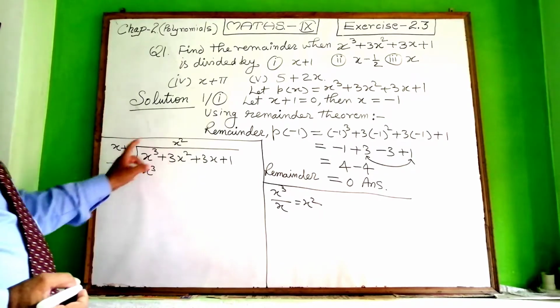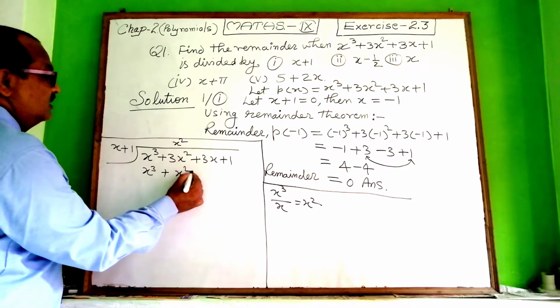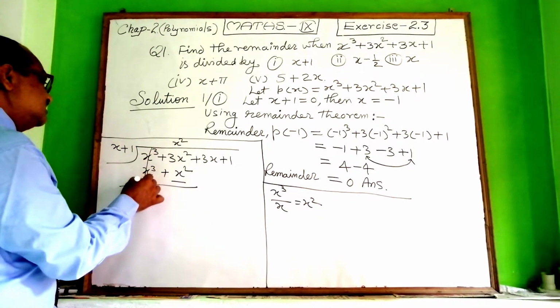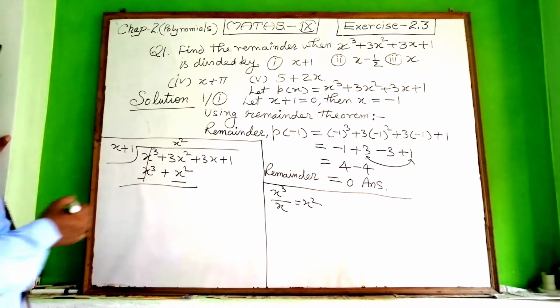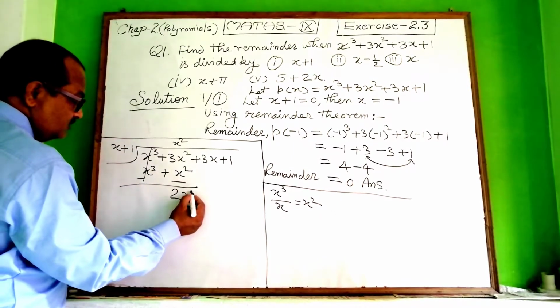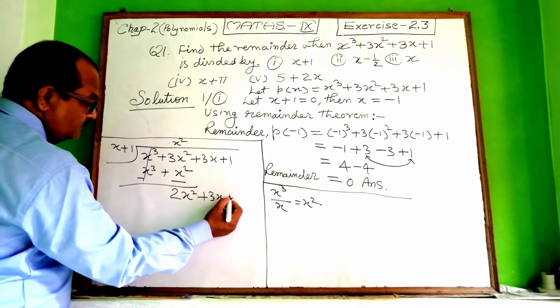Product of x square and 1, x square, so plus x square here. Now subtracting, after subtraction this term will be cancelled out. 3x square minus x square you will get 2x square plus, now the rest of the terms you can copy down.